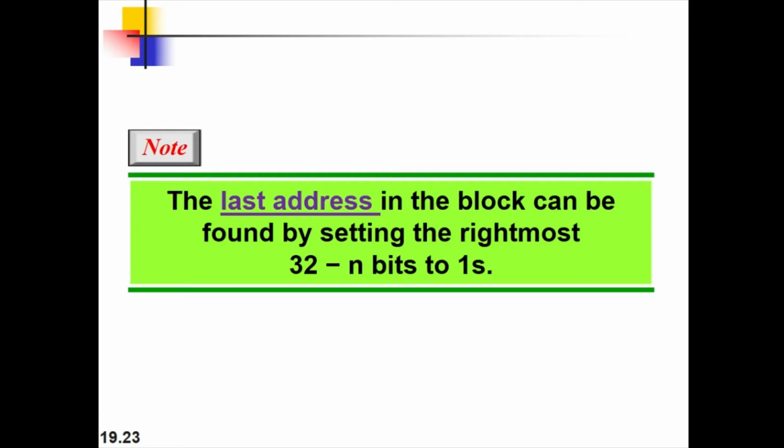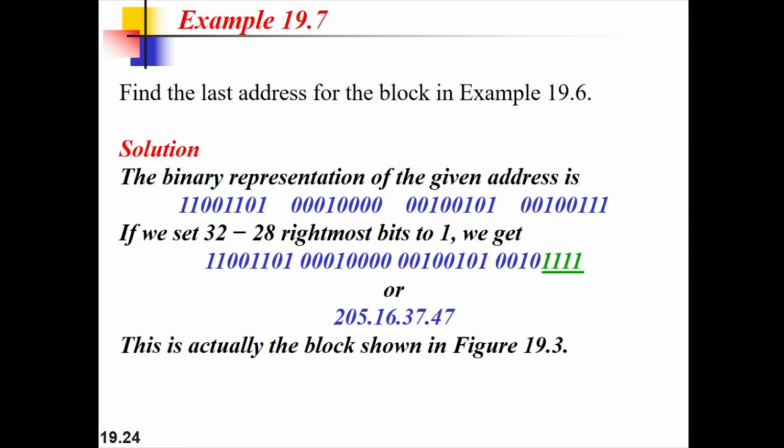Okay, the next one: how to find the last address in the block of IP addresses. The method is to set the rightmost 32 minus n bits to 1. Example here, based on the previous example, we use the mask /28. So 32 minus 28 is equal to 4. So the rightmost 4 bits we change to 1.